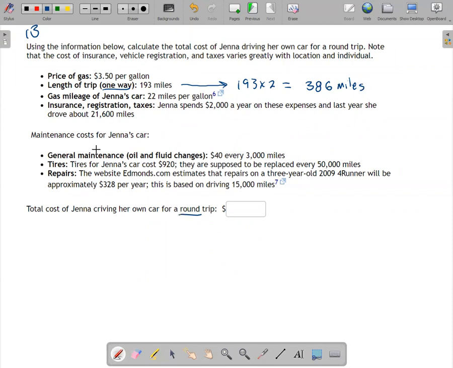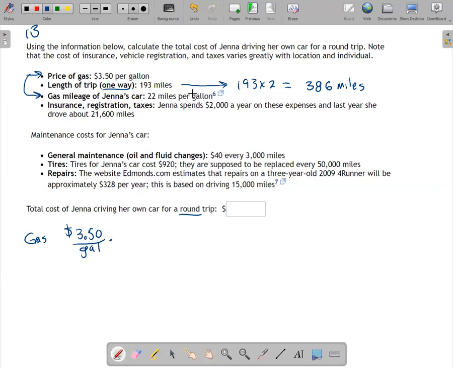Then we have these different categories of things that cost, like the price of gas, and that's going to go along with how her gas mileage works. So when I consider gas, I'm going to consider that gas costs $3.50 per gallon, and that her vehicle gets 22 miles per gallon, but that has to be flipped to be able to use it.